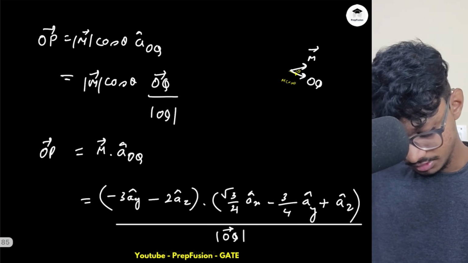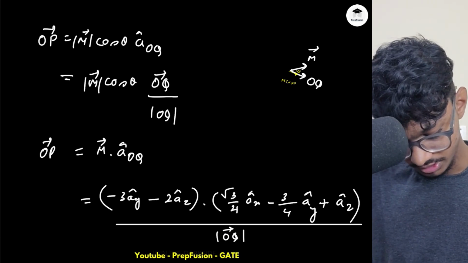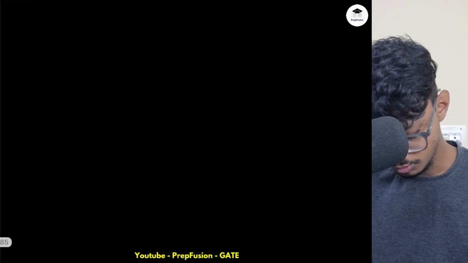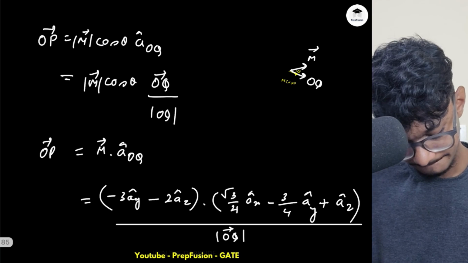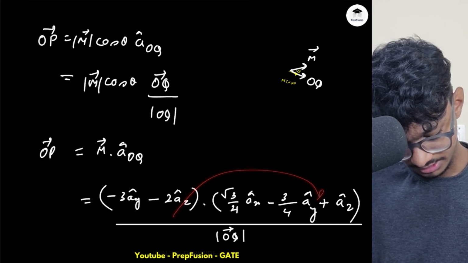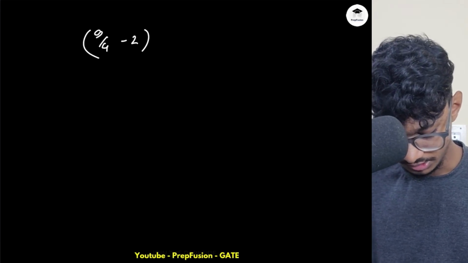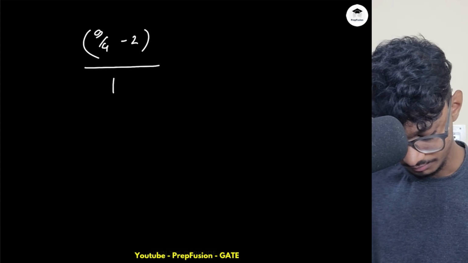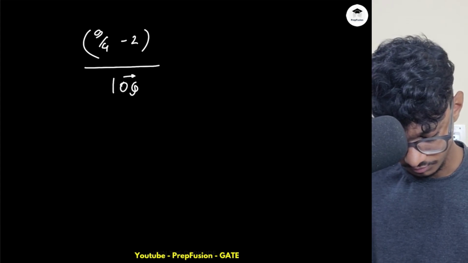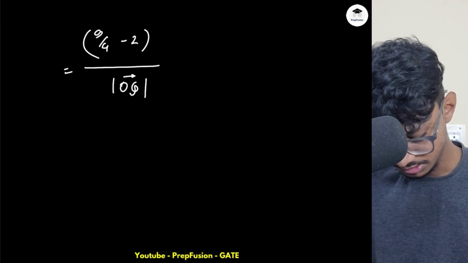So what will this be? Minus minus becomes plus, so 9 by 4, and this becomes minus 2, divided by the magnitude of OQ. Whatever the magnitude of OQ is, that will be my answer.